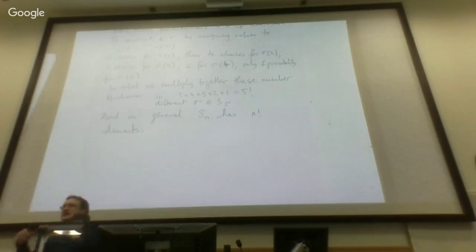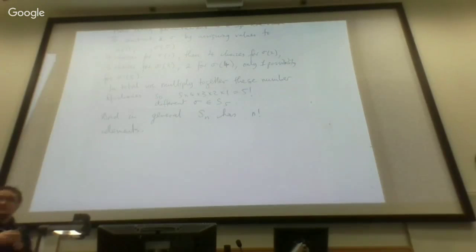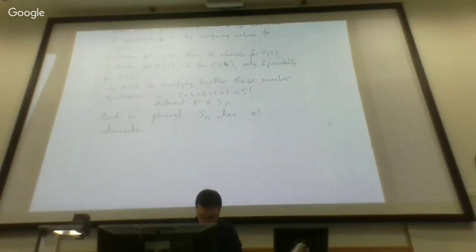So it's very easy to understand how big these groups are. Okay? And they're quite big. How many different permutations of 100 objects? How many different ways of rearranging 100 objects in a line? It's 100 factorial, which is a huge number. Any questions so far?